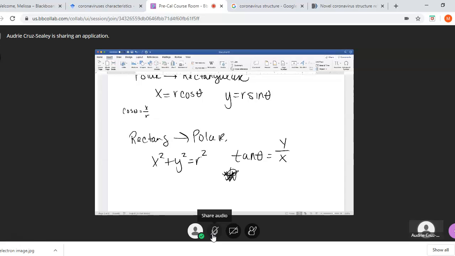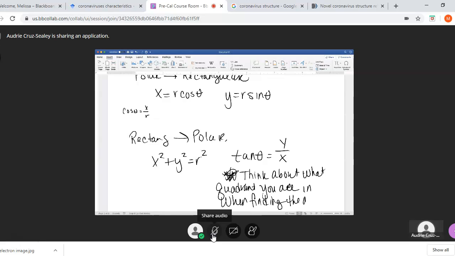Huge note. You have to think about what quadrant you are in when finding the angle. I want you to star that.